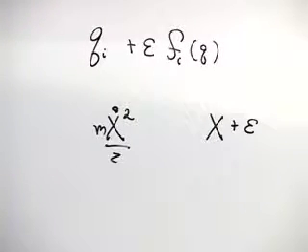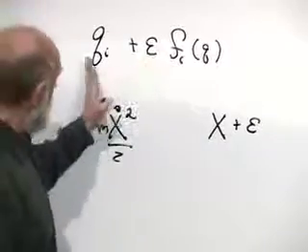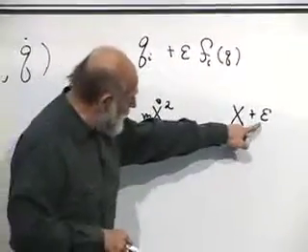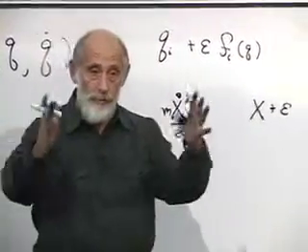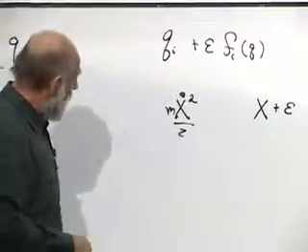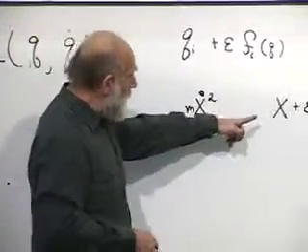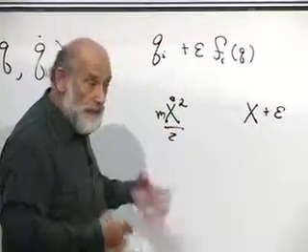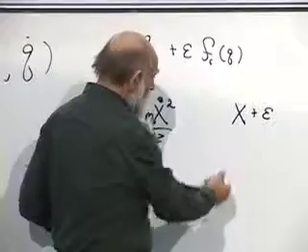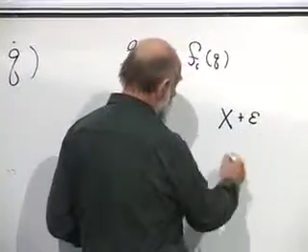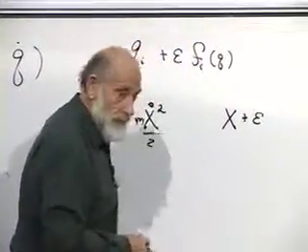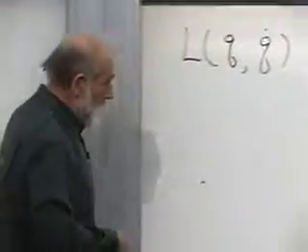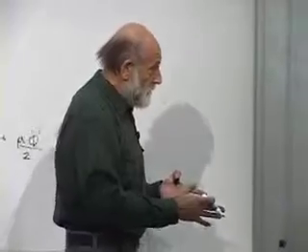No time dependence at all. Just a constant shift of the q's. Here's a constant shift of the x's. If I shift x by a constant amount, it does not change x dot. It doesn't change the velocity. The change in the velocity is 0 because epsilon doesn't depend on time. So the Lagrangian doesn't change if you shift x a little bit.